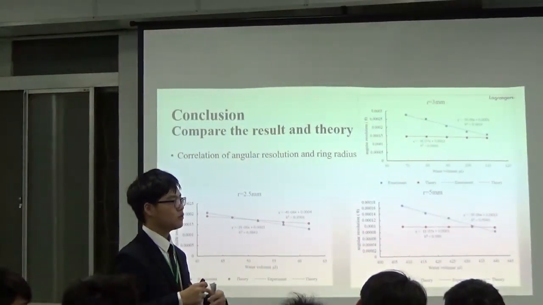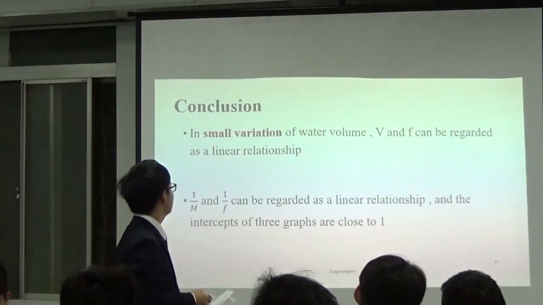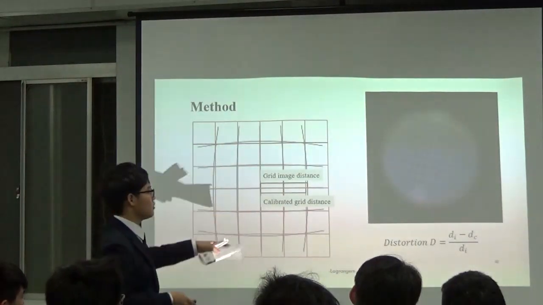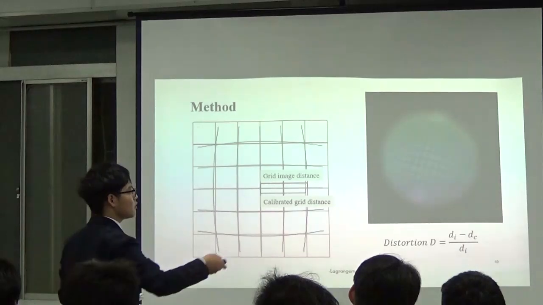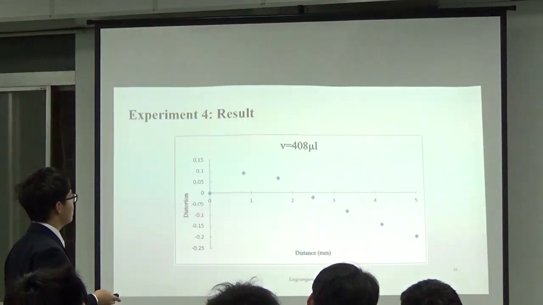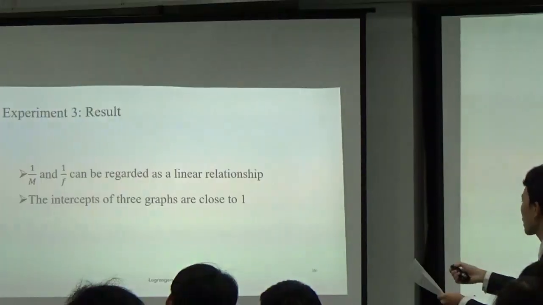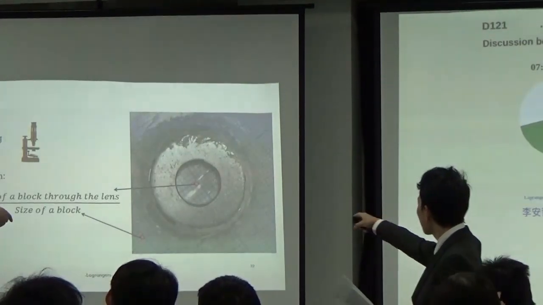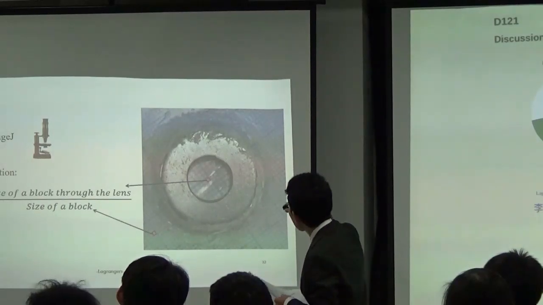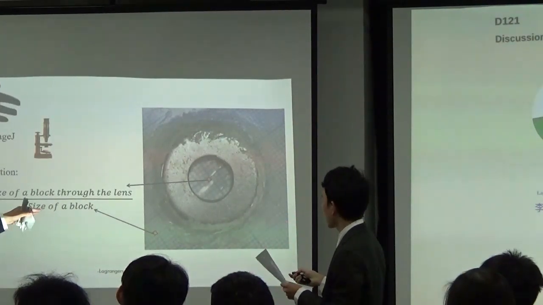And then do you have a picture of the magnified version of the experiment? Or can you turn to the magnification, where you have the grid and the normal grid? Yes, this one. Because you didn't take it from above, like a top view, or is it at an angle? The camera is vertical.